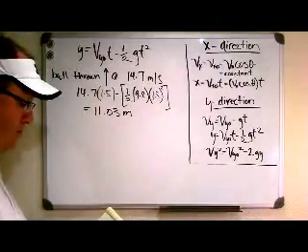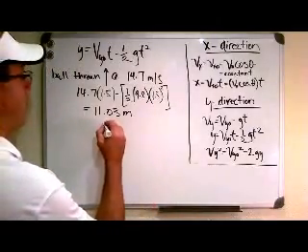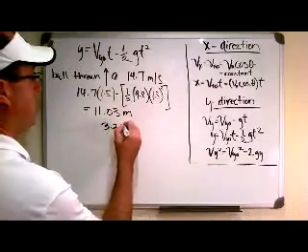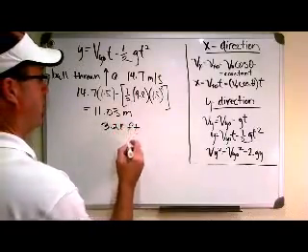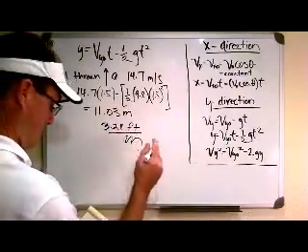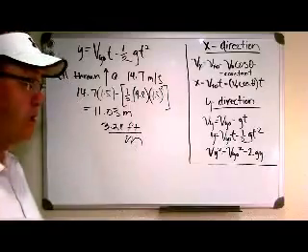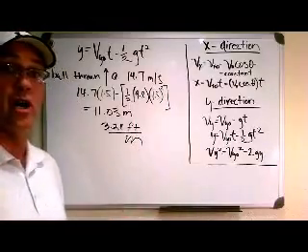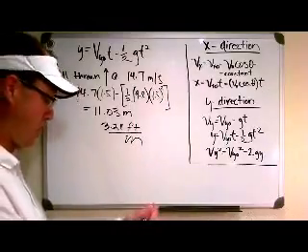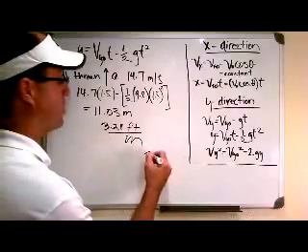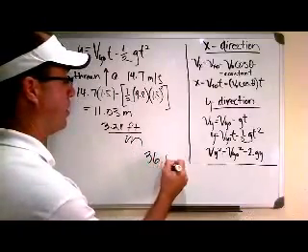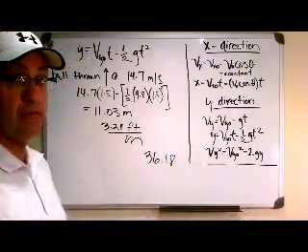we remember that there's 3.28 feet for every meter. And if you do the conversion there, we'll find that the ball was thrown a little bit over 36 feet high, 36.18 feet.